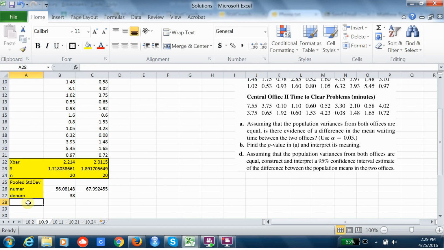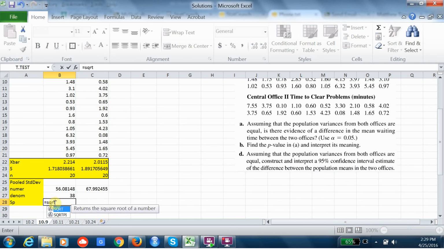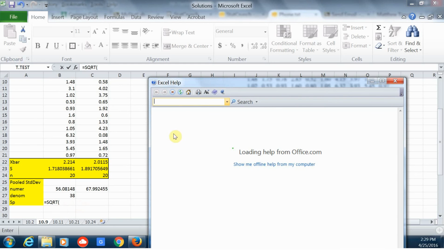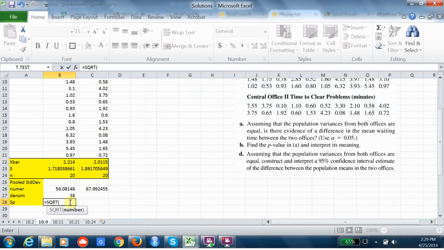Okay, so I'm going to go ahead now. So Sp, the pooled sample standard deviation, is equal to the square root of both of these terms in the numerator added, divided by the denominator.